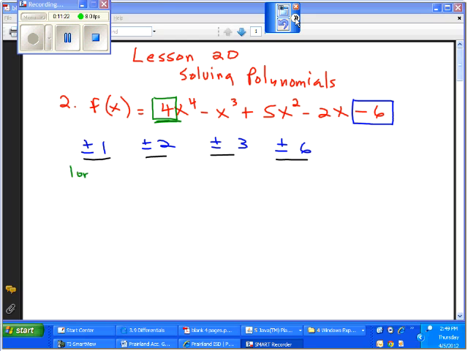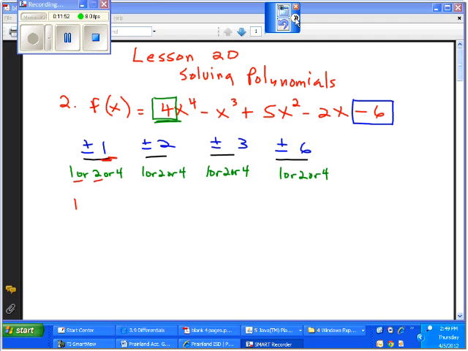A little more complicated than number 1. 1 or 2 or 4. And then we get all those combinations. We're going to have positive 1 over 1, which is 1.